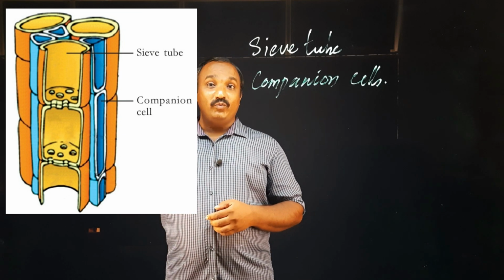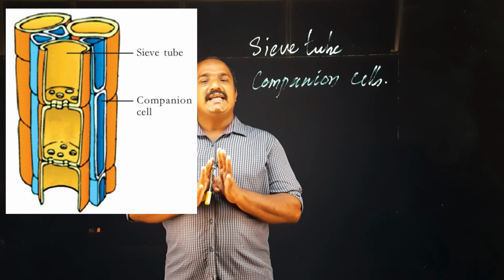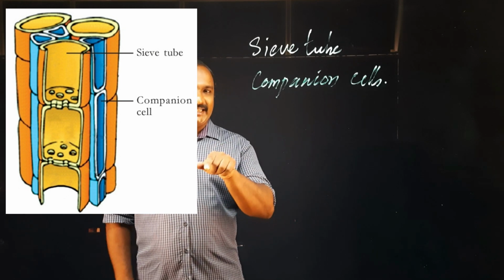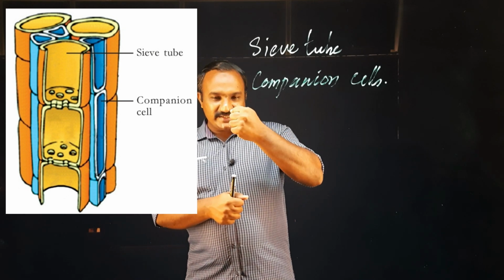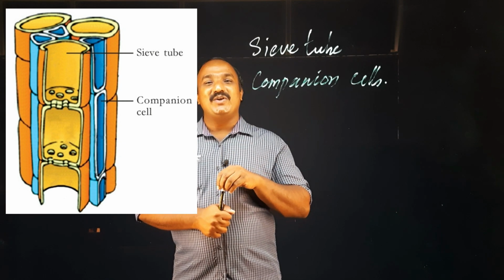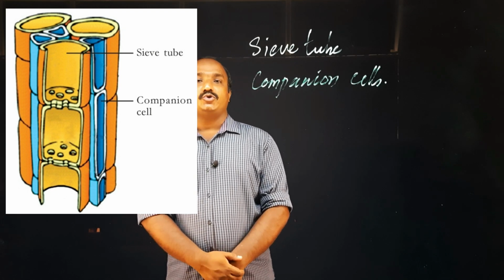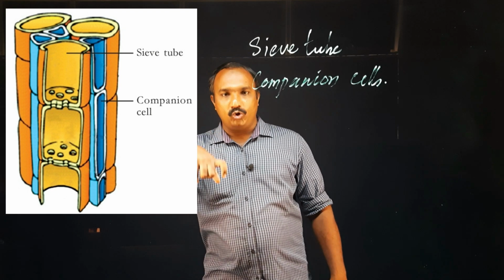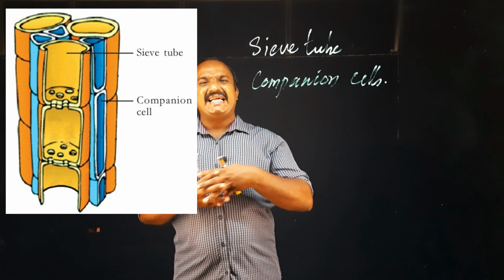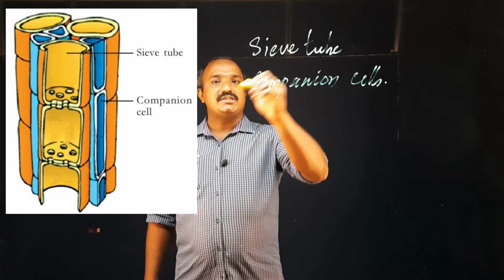In the case of vessels of the xylem tissue, the cell wall was disintegrated, but here the cell wall is not disintegrated, and that's why when the cells are arranged on the top of the other, the cell wall will be there in between, but that cell wall has small pores or holes. Through those holes, the cytoplasm of the sieve tube will be combining.